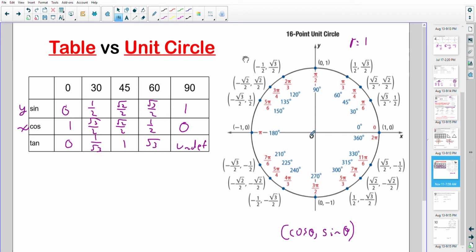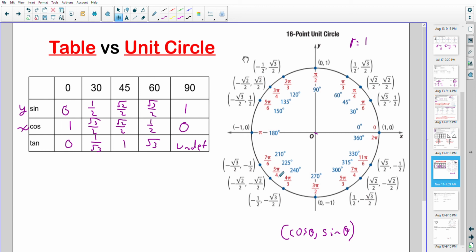Now let's apply the unit circle to answer some questions. If I want to know the sine of 150, that answer is 1/2. The sine of 5 pi over 3 is negative radical 3 over 2. The cosine of 5 pi over 4 is negative radical 2 over 2.